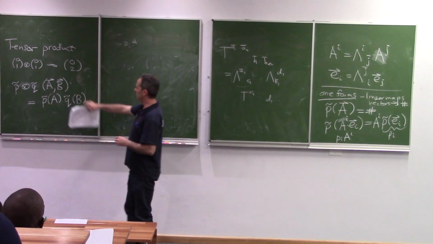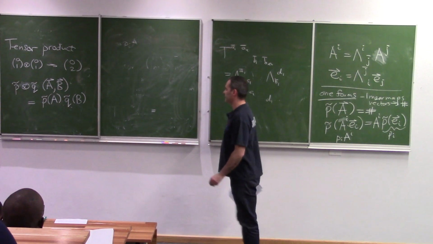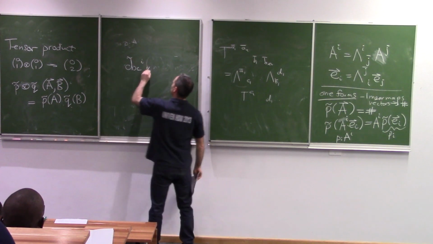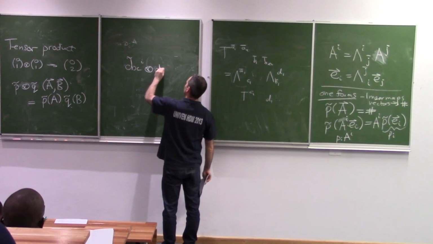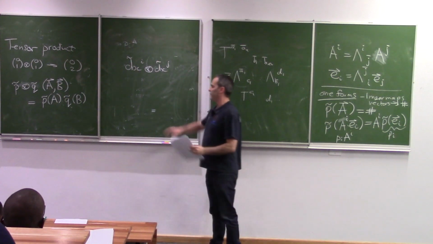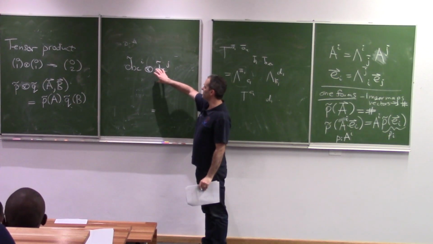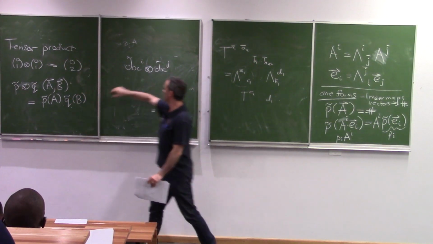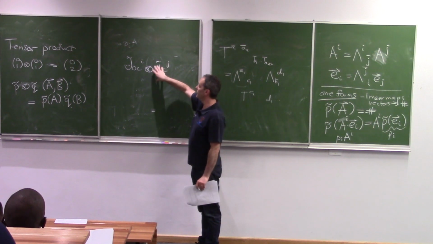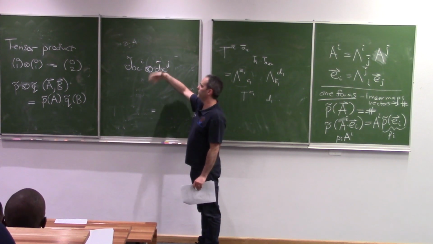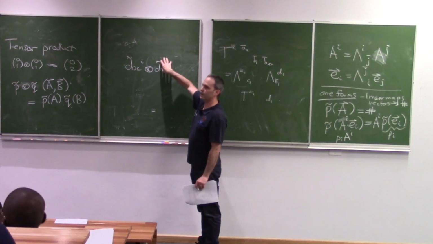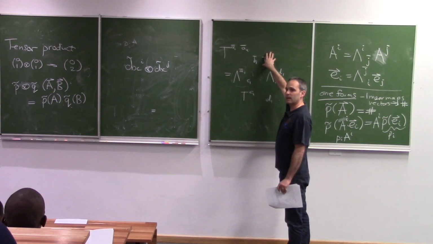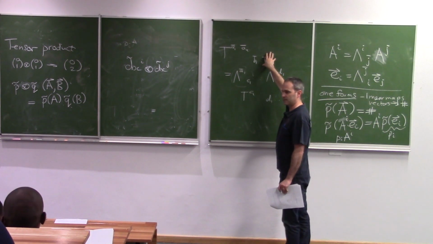For a 0-2 tensor, I can write the basis as a tensor product of the basis one forms. And then, if you know how these objects transform, it's very easy to see how this object transforms. Yeah, but maybe we can chat more about that this afternoon.